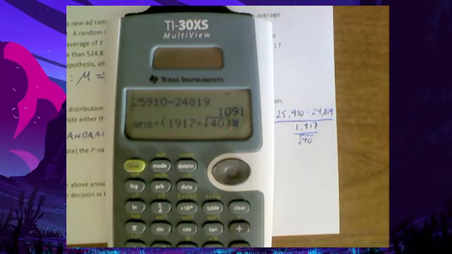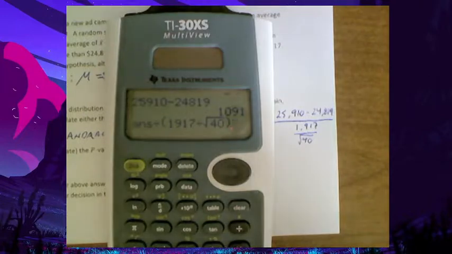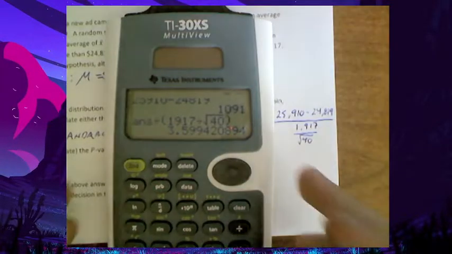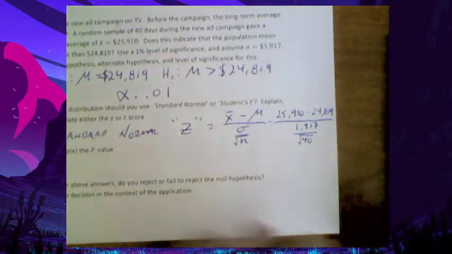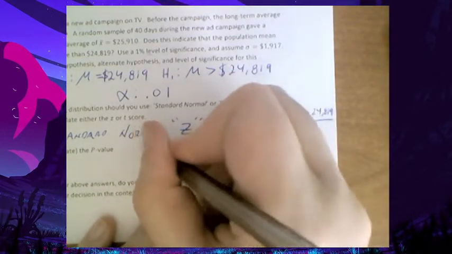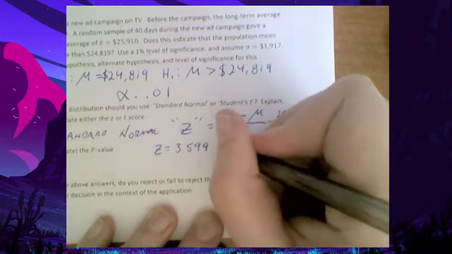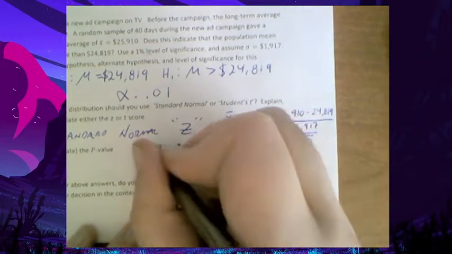I typically try and break it down a little bit by a little bit just to be extra safe, because it's really easy to make a little error with parentheses and stuff like that. But we end up getting 3.5994. So z equals 3.5994.